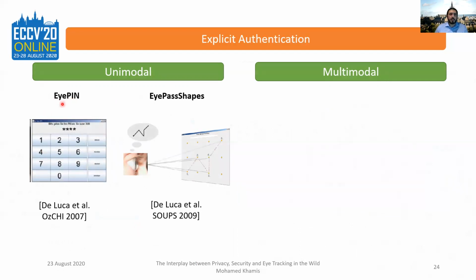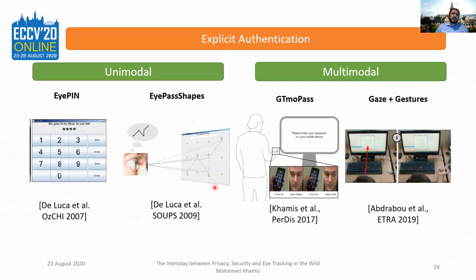So IPIN responded to dwell time, and here you basically performed patterns using your eye movements. But then you could use eye gaze together with another input modality, like the example we saw earlier. And there has been some work about that. There are very nice ways you can improve authentication schemes by combining multiple modalities, and eye gaze is particularly helpful here.